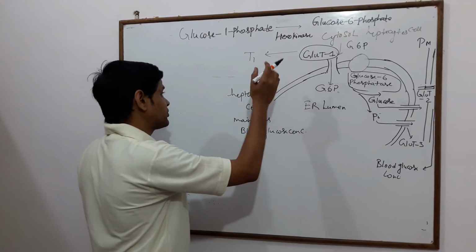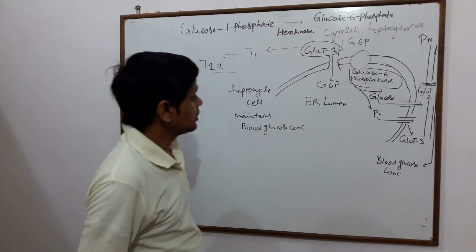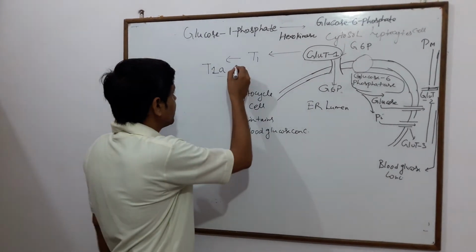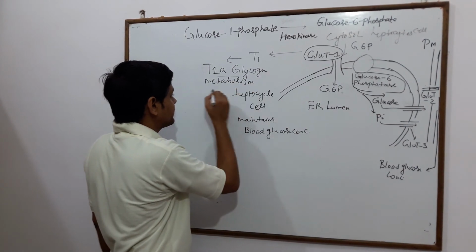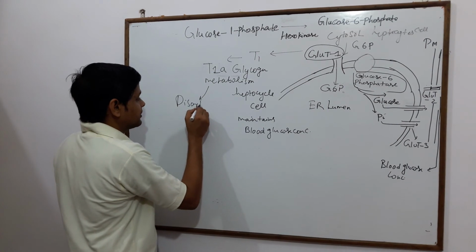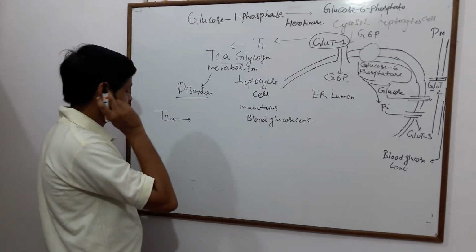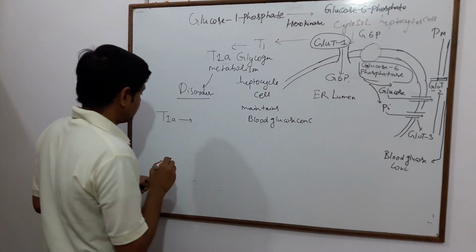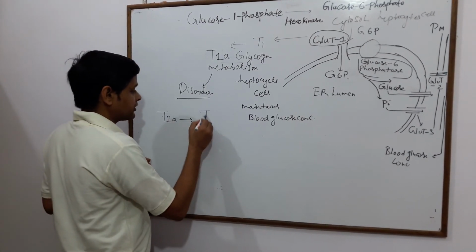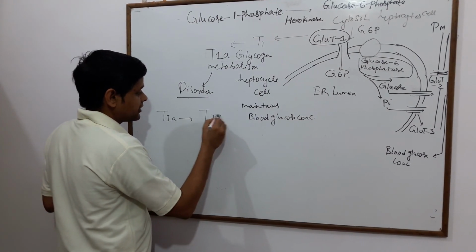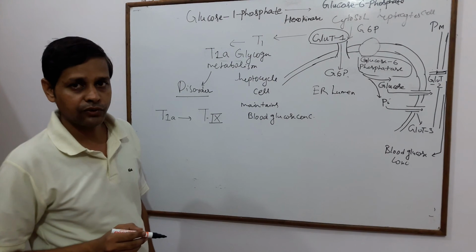Due to these two proteins, glycogen metabolism-connected disorders result. There are many disorders resulting from the presence of these error proteins, type 1a to type 9 disorders, which affect glycogen metabolism.